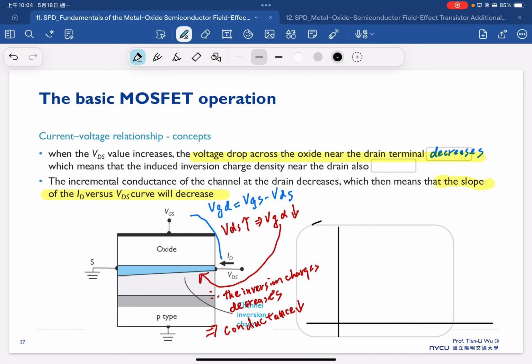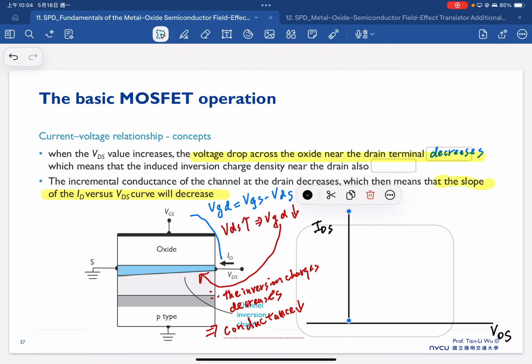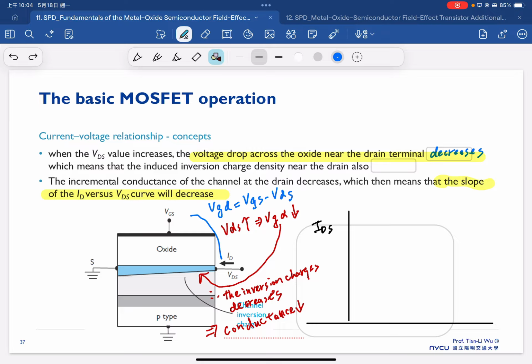We have IDS versus VDS. In the last slide, we showed that under small drain bias there is a linear correlation, which has this kind of characteristic. That's in the previous slide.